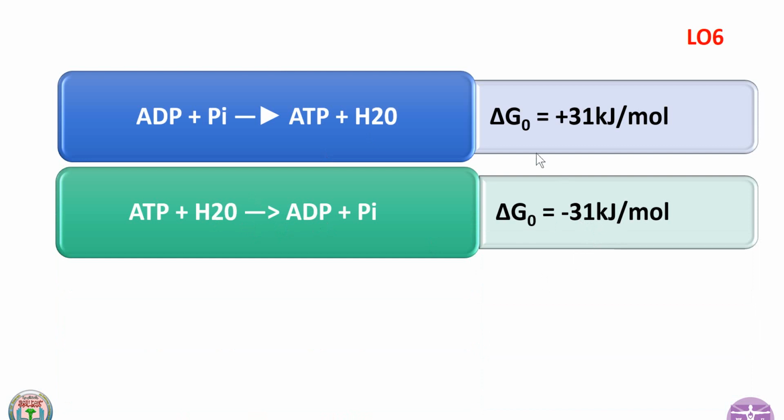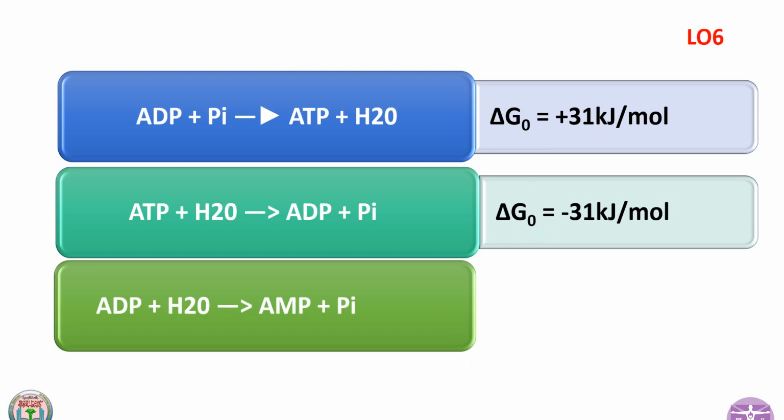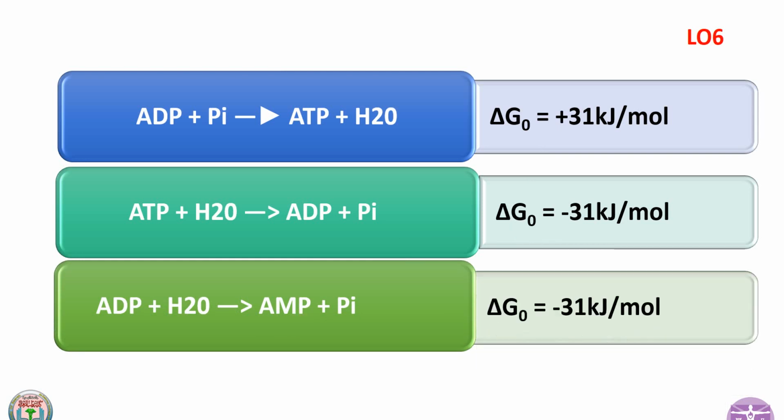And we can see that the delta G here is positive because it's an anabolic process and needs energy to start, while the other is a catabolic process and there will be release of energy. Also, the ADP, when converted to AMP, adenosine monophosphate, this is a catabolic process, also releasing 31 kilojoules per mole.